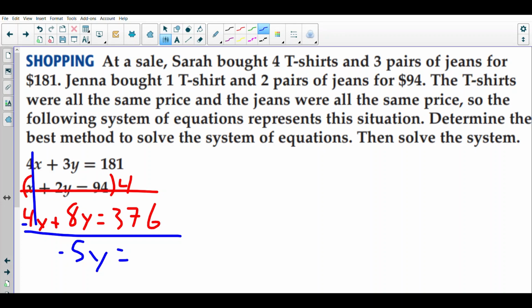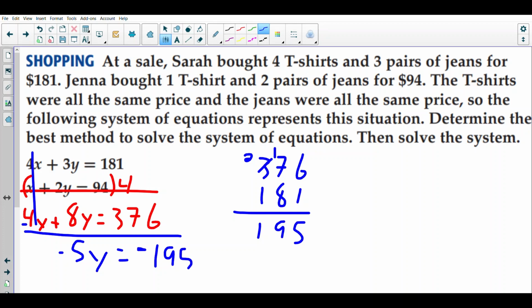So I'm going to apply my adding the opposite abilities. 376 is larger, so my answer will be negative. So all I have to do is subtract the two. I get 5, need to borrow, so I get 9. So I get negative 195.